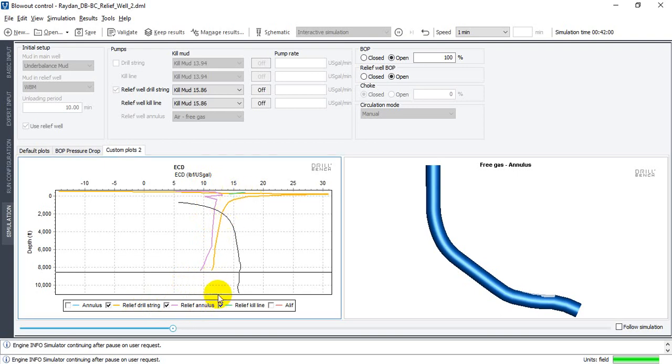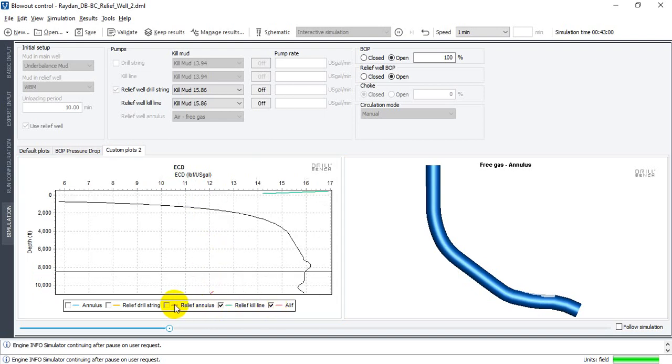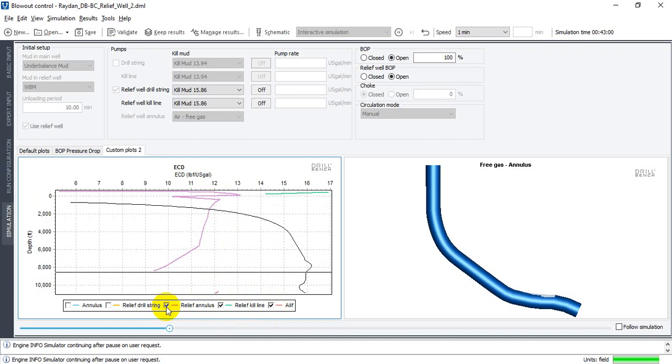And the relief kill line is at the top of the well, and at the reservoir we can close or remove this to see. At the reservoir it is 12 and 2.2 the density at this reservoir, and we can see here all together.